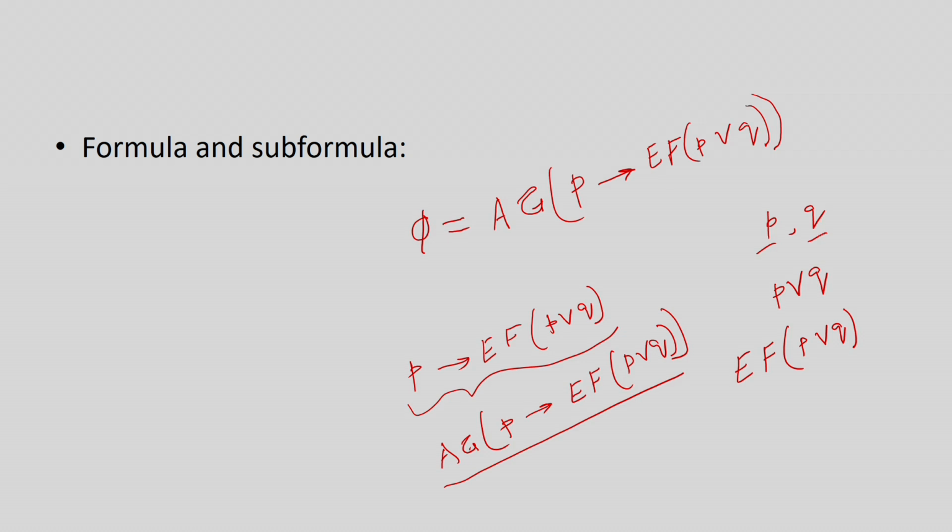So these are the atomic propositions. Then we look for the sub formula P or Q, then EF P or Q, then P implies EF P or Q, and finally AG P implies EF P or Q.